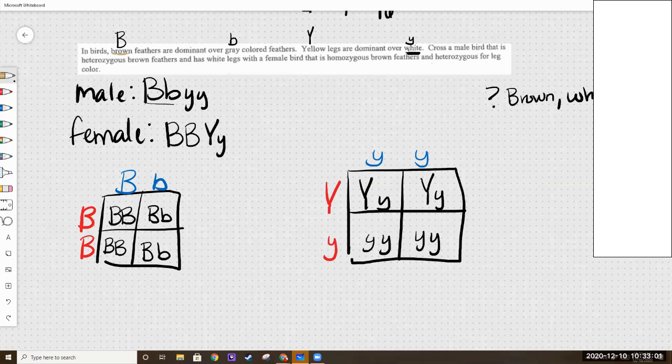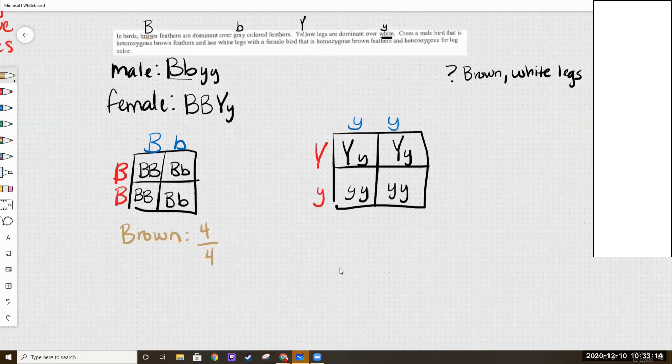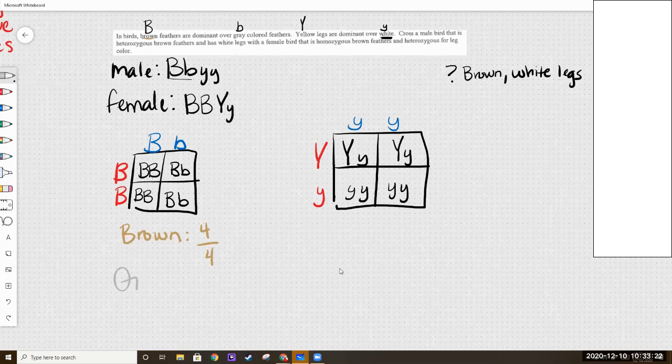So then all 4, brown would be 4 out of 4. And our gray color would be 0 out of 4.